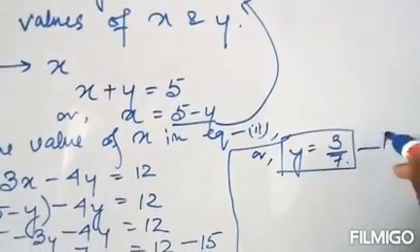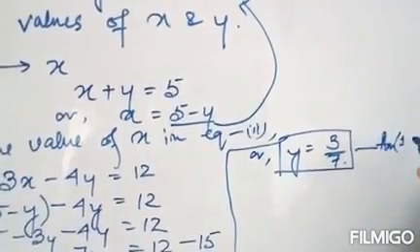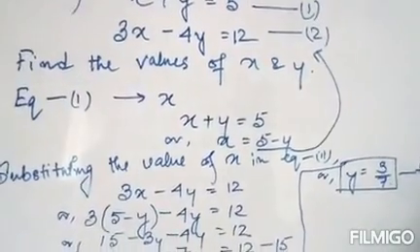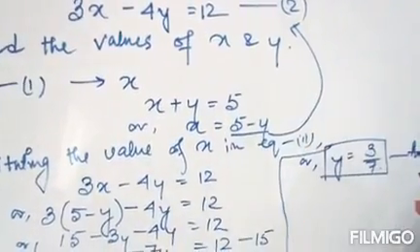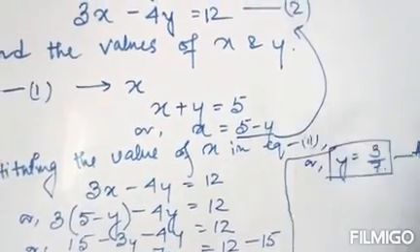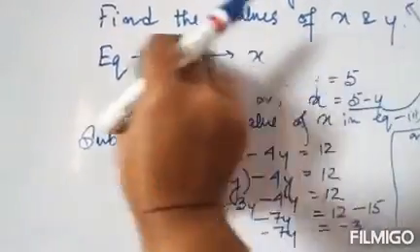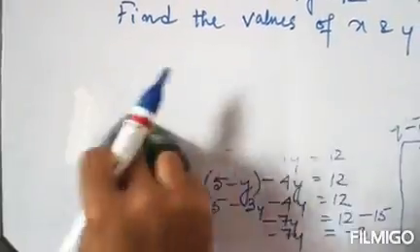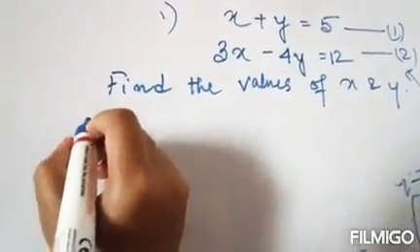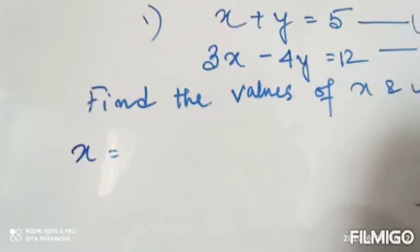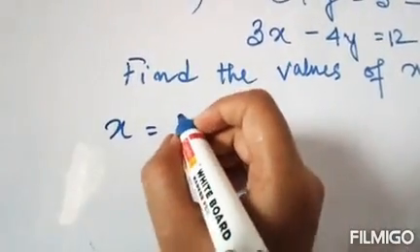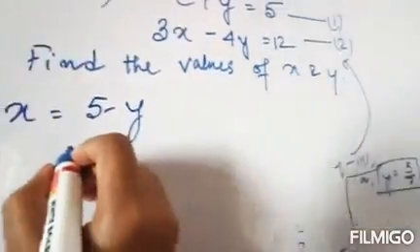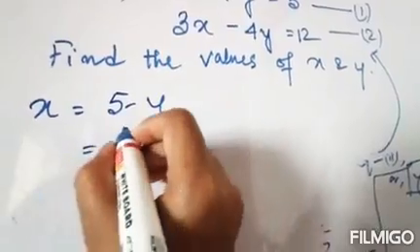So this is my answer 1. Now I need to find the value of x. Directly I can put the value of y over here. So the value of x will be: x is equal to 5 minus y, and what is the value of y? y is 3 by 7.